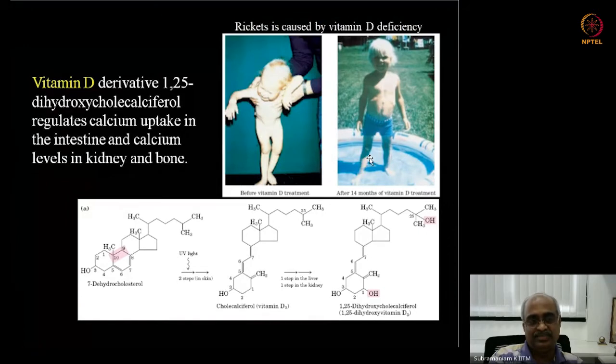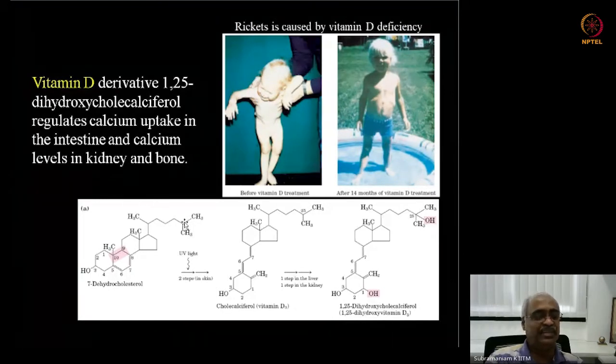Vitamin D is essential for calcium uptake, calcium homeostasis. And calcium is an important component of the bone. So for uptake of calcium in the intestine and maintaining calcium levels, vitamin D is essential. And this is the isoprene thing.